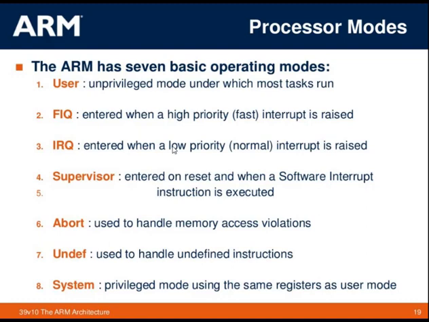IRQ is for a low priority interrupt. When a low priority interrupt is raised, the operating mode is IRQ. Then supervisor, also represented as SVC, is entered on reset and when a software interrupt instruction is executed.